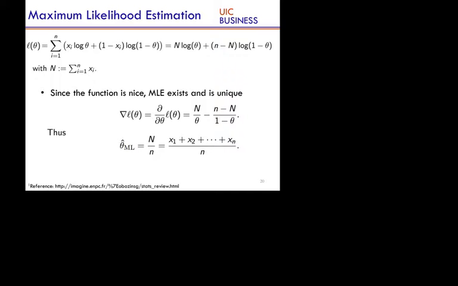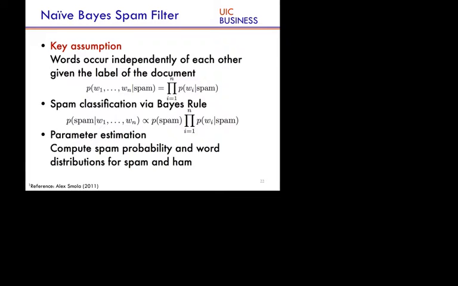Is this maximum likelihood estimation clear for at least the one-dimensional case? Okay. So now let's look at naive Bayes, which has many different variations. Here I'm just recapping one variant of this.